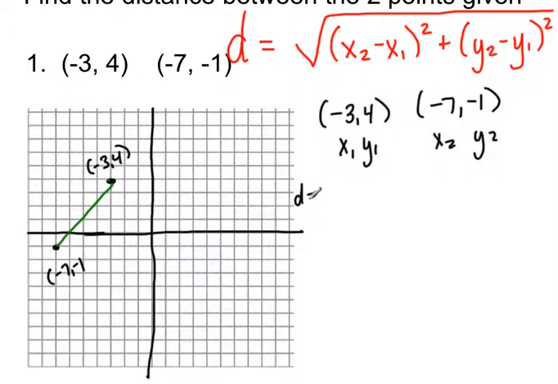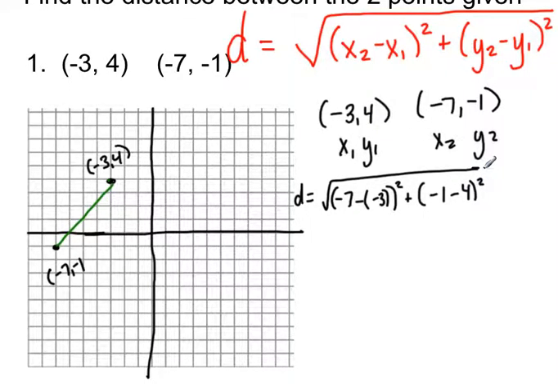So the distance here is going to equal, now I take my x2 and subtract x1, so -7, put it in parentheses, -7 minus, see I'm minusing, and the value is -3. I encourage double parentheses there because the value here is negative. Then I add to that -1 minus, now this is a +4, so you don't have to double up on the parentheses.